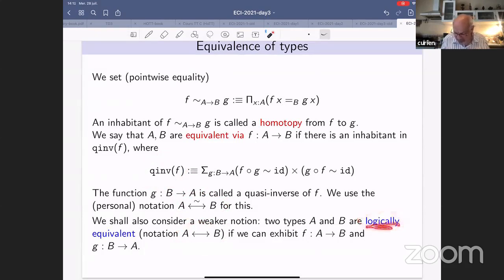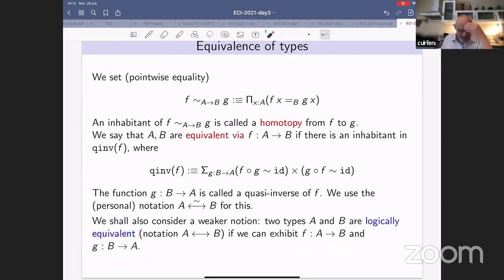Okay, so logically here is important because it's weaker. When it comes to logical equivalence, the only thing I have to do is to exhibit a function from A to B and a function from B to A.